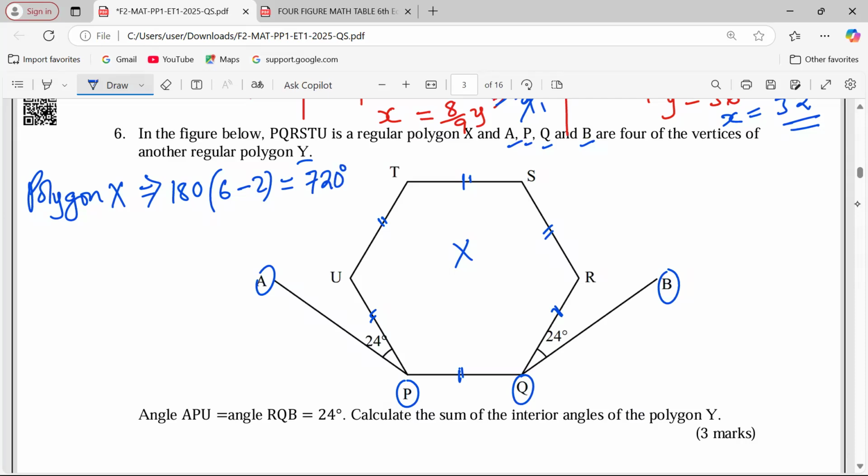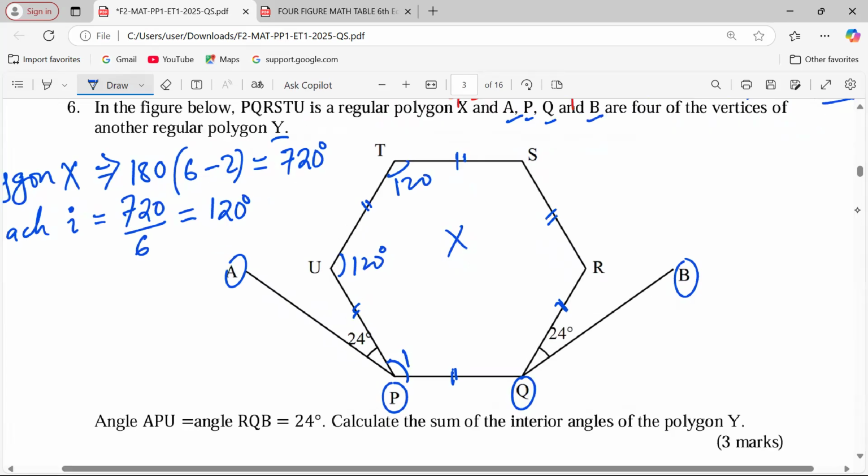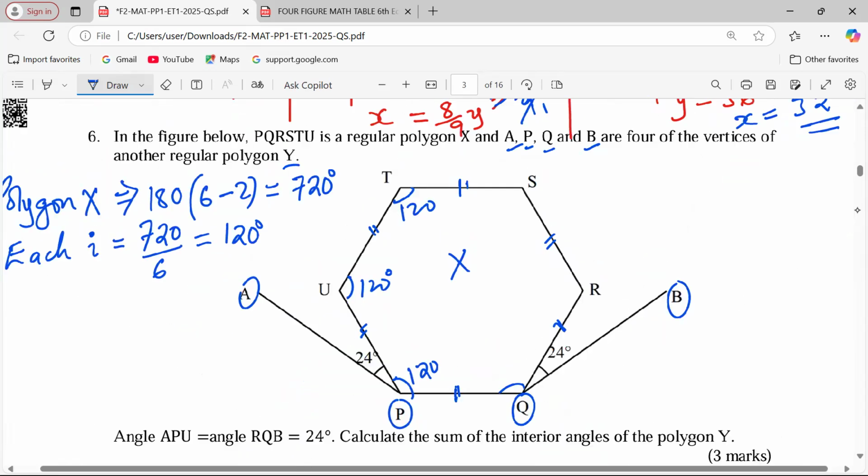So with 720, each interior angle for X shall be 720 out of 6, and we get 120. So each interior angle here is 120, 120, 120, 120, 120, 120. That's why they are totaling to 720.